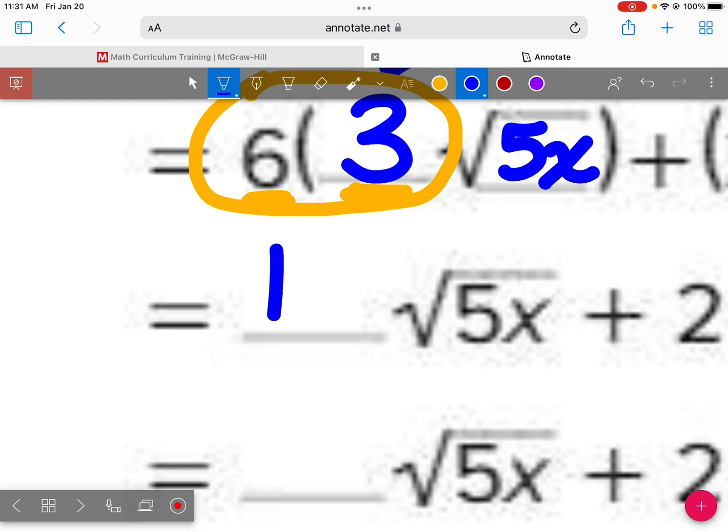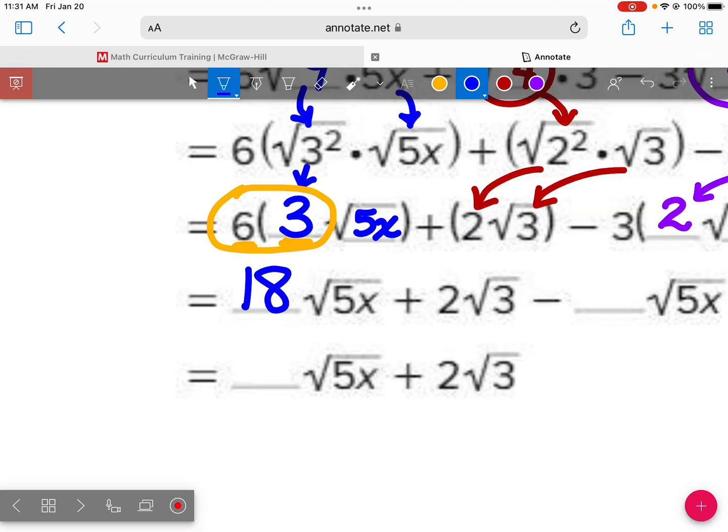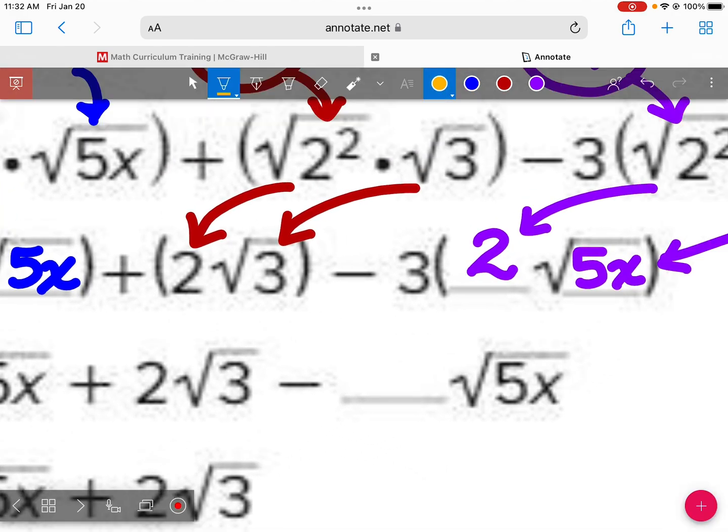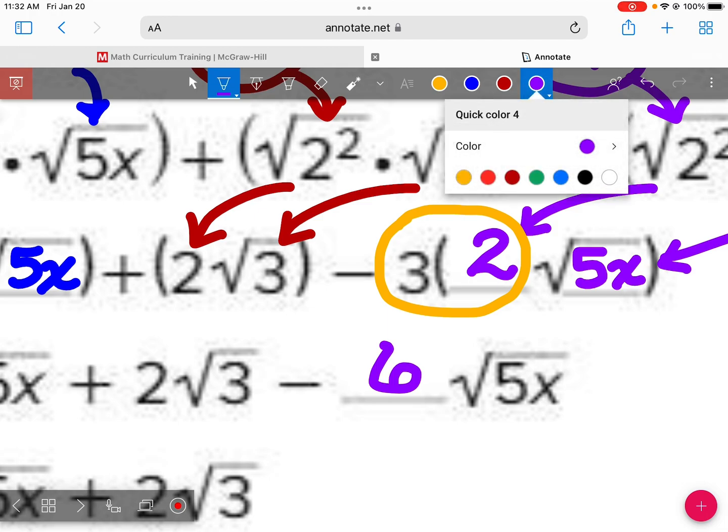I get 18 plus 2 square root of 3 minus, and then I've got the same kind of thing back here. Neither one of these are under a radical, and they're being multiplied together. What would that give me? 6. All right.